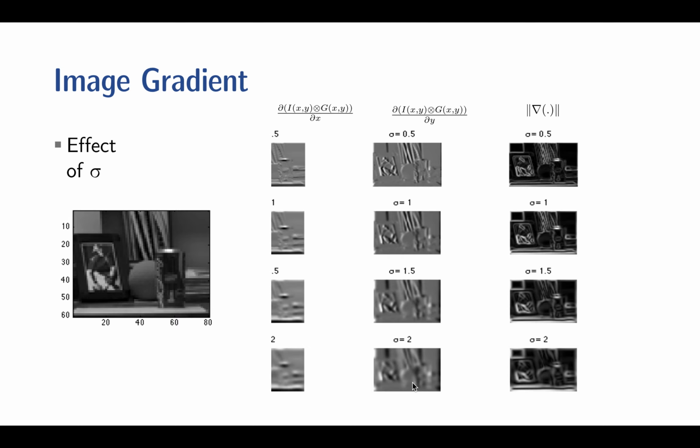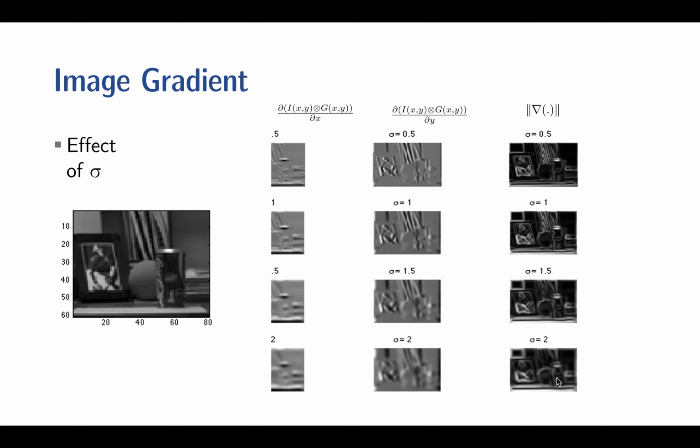You notice that the edges get blurred, more and more fatter, and this is the gradient magnitude, for sigma equal to 0.5, 1, 1.5, and 2. That's just to give you a visual understanding of what sigma does to your edges.